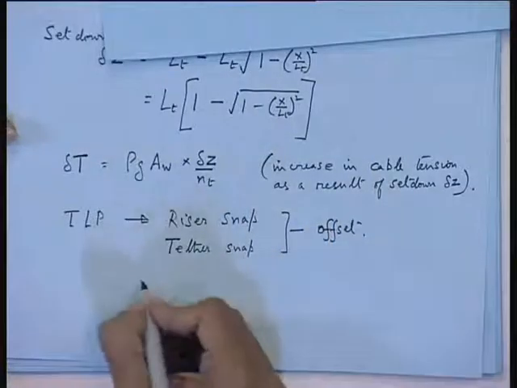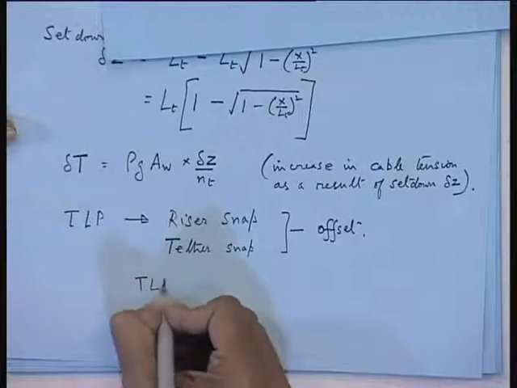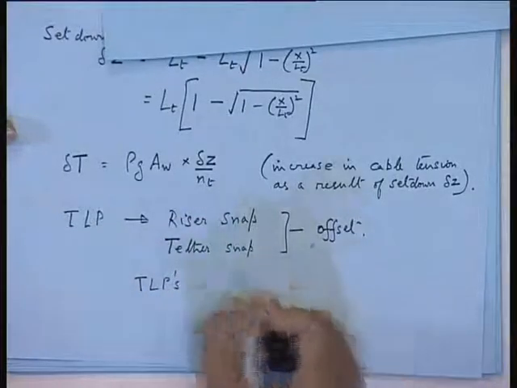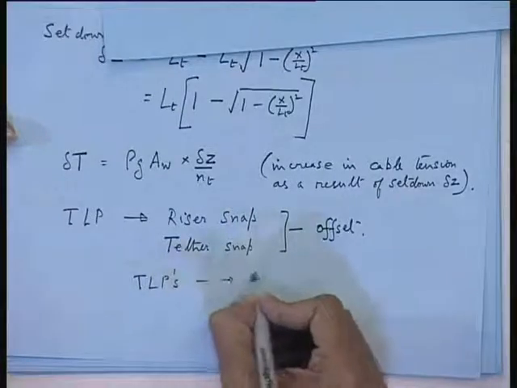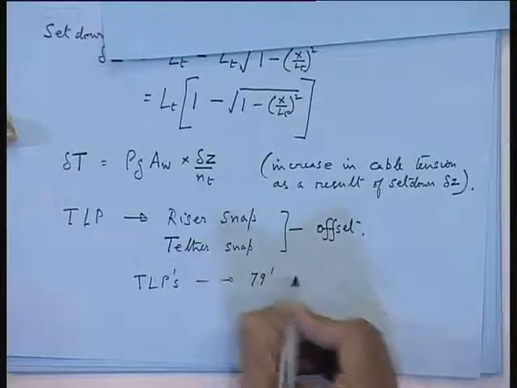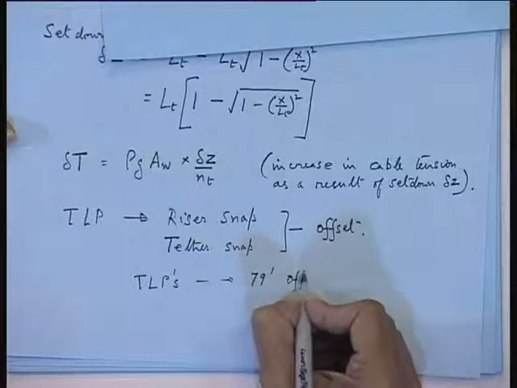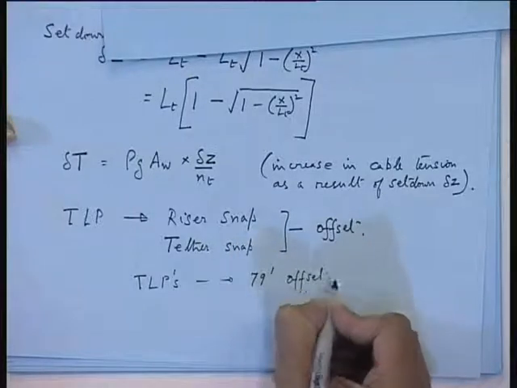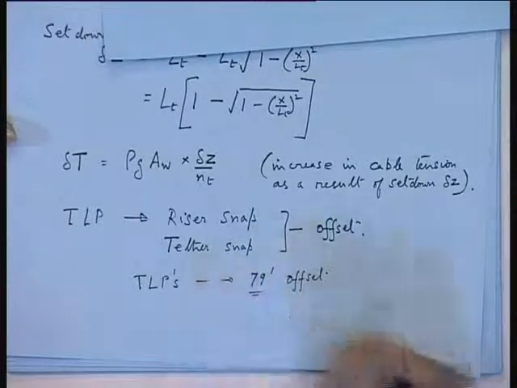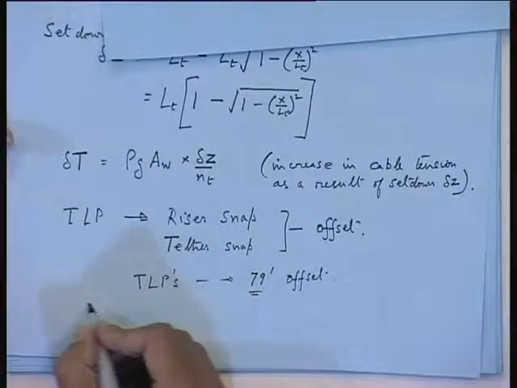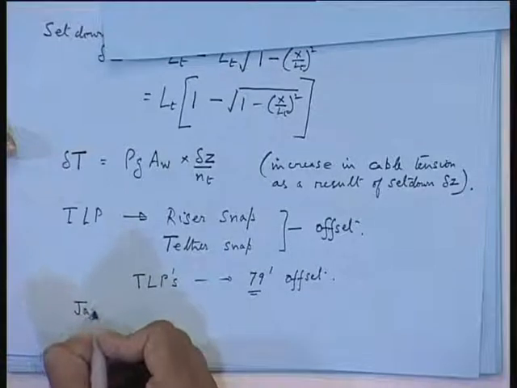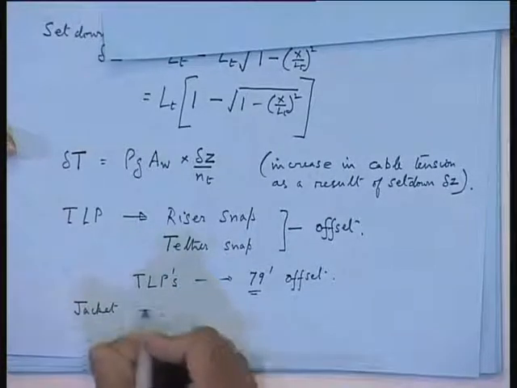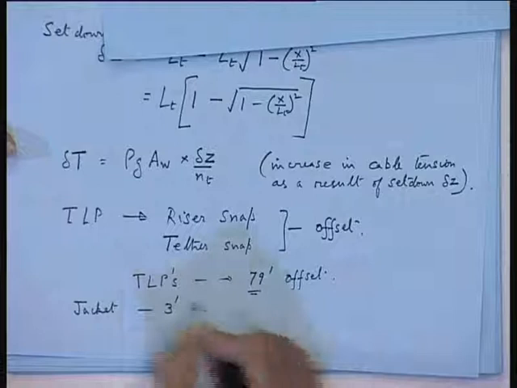Now, the present day TLPs have been fabricated to accommodate as much as say 79 feet offset. 79 feet offset is no joke, whereas in your jacket platform, jacket can only give say 3 feet offset.